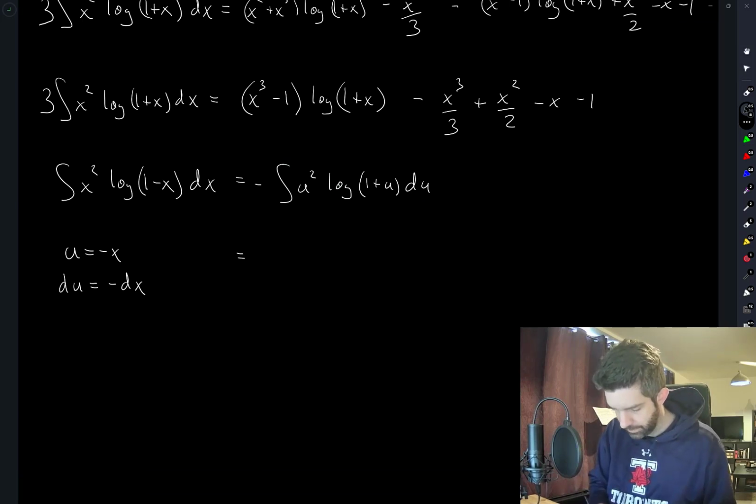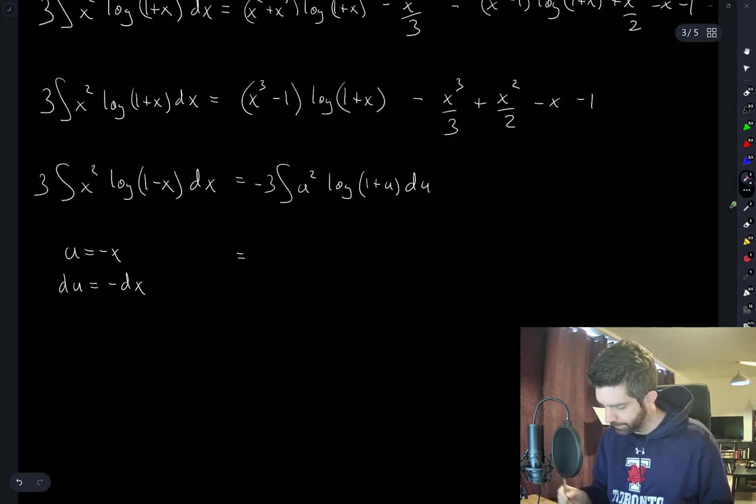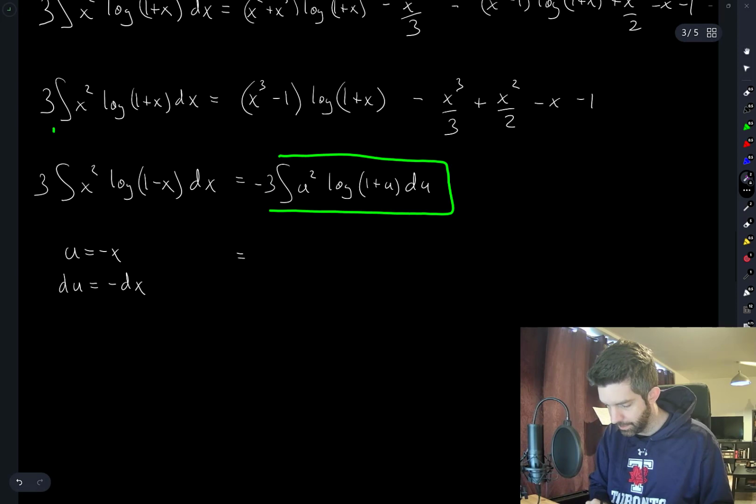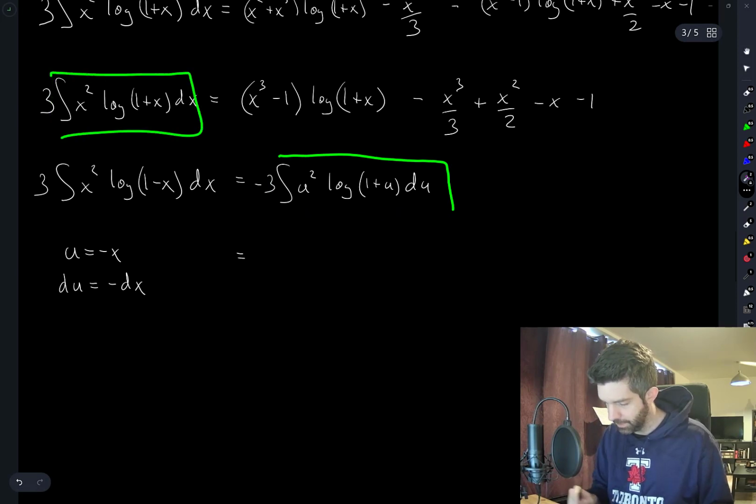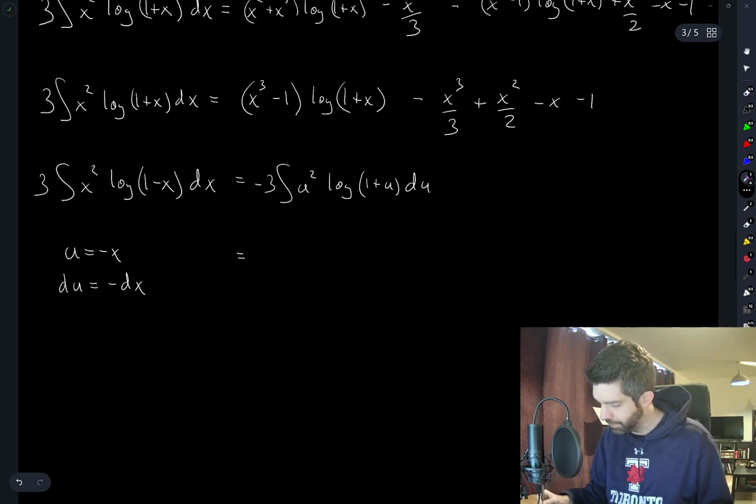Okay, and if I multiply these both by 3, I get that. This is exactly what we've computed here, except I'll just replace all the x's with u's.